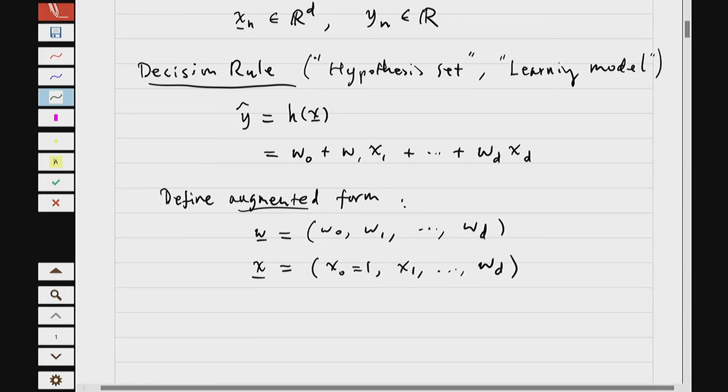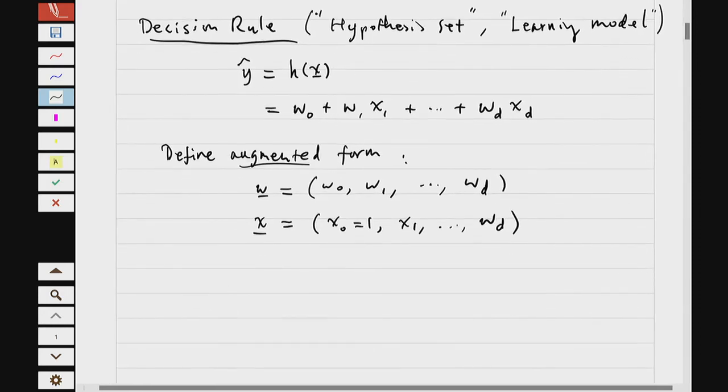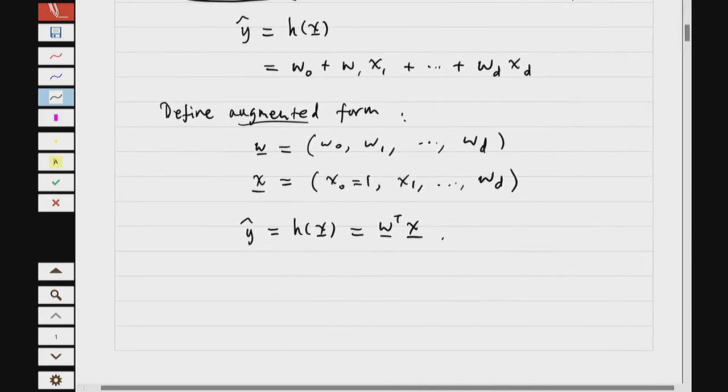So far it's the same as what we have seen before. Once you have this augmented form, then y hat, h(x), this weighted sum, can be written as the inner product between w and x, again just as before. It's just the beginning point of the perceptron, but we don't do the thresholding for positive or negative.